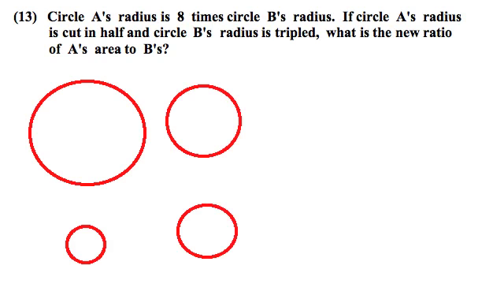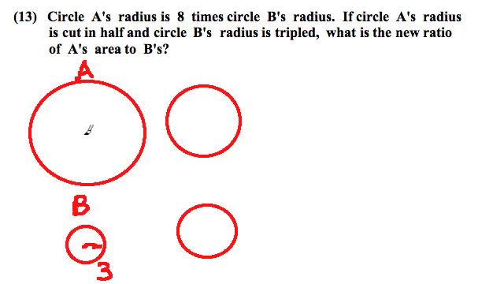So let's start with some numbers for the initial radiuses. Let's make a circle, and call this circle A, and this circle B. Let's make B's radius 3.